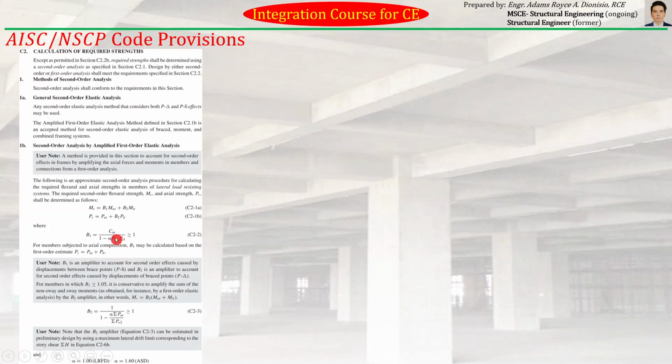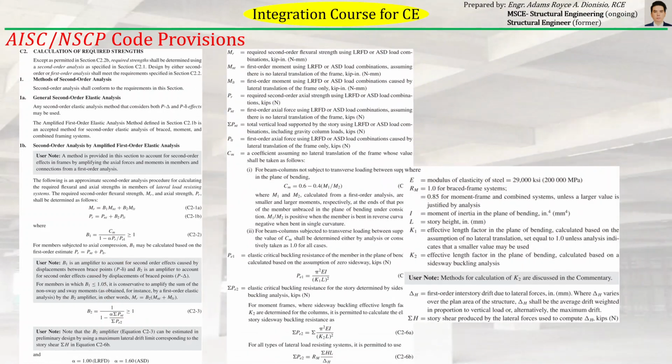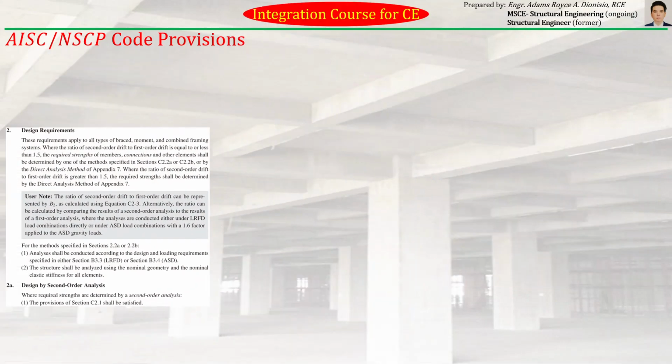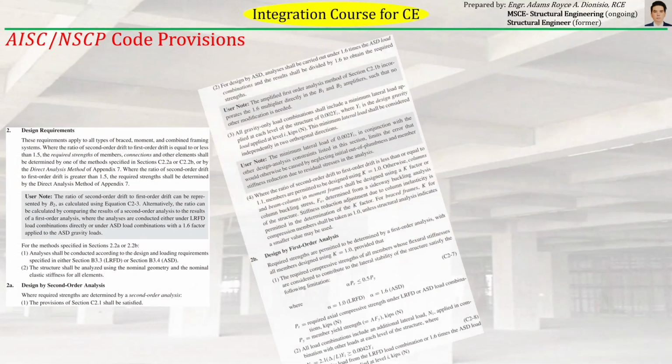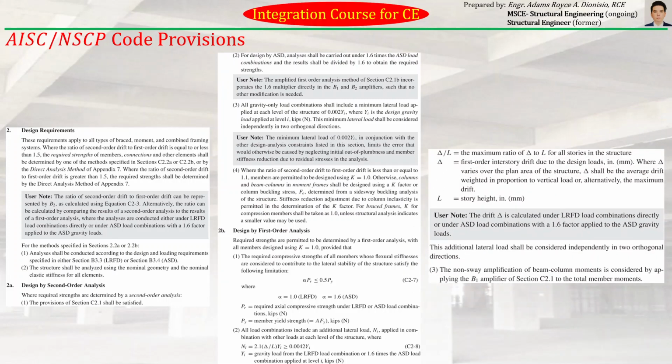So ito rin yung pinakita ko kanina. And so on and so forth. And yung formula for P1 nakalagay na rin. And then additional code requirements for second order effects as well as a first order analysis nakalagay na rin dito sa code. So, lagay na lang natin for your information.